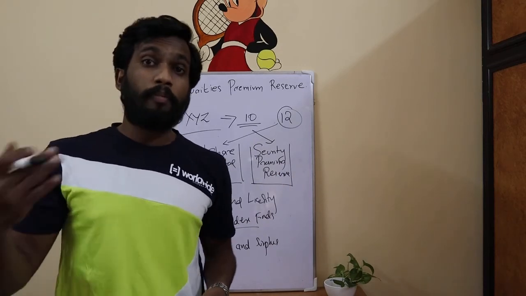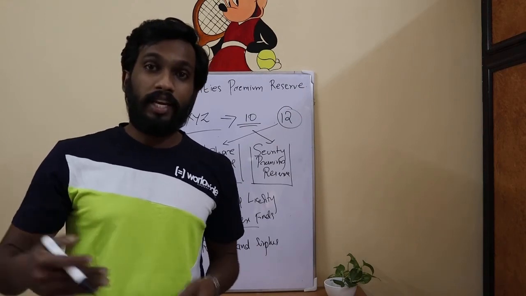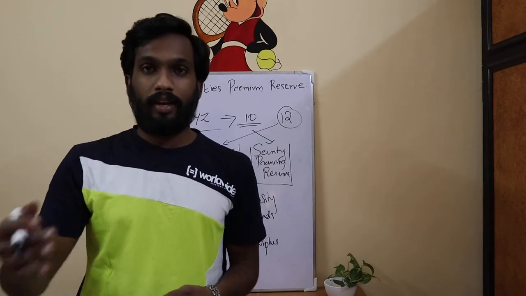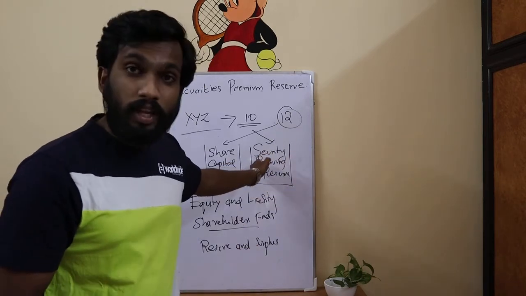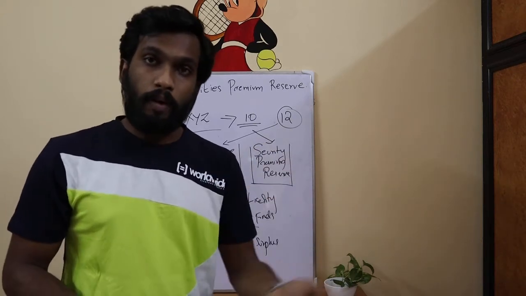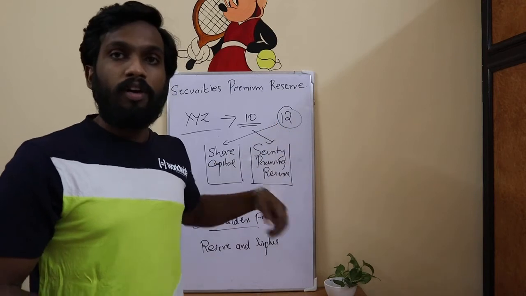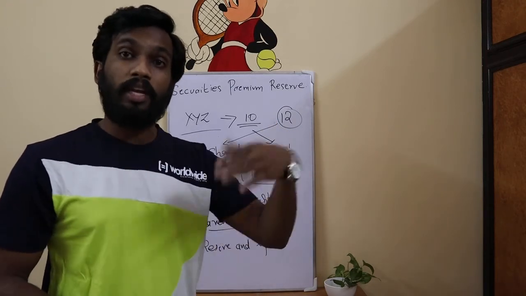Now what do you mean by preliminary expenses? Preliminary expenses are those expenses the company has incurred before the incorporation, like legal fees, registration fees. So the company can use the amount in the SPR for writing off the preliminary expenses. Now the company can use the same amount when the company is redeeming the preference shares at a premium.